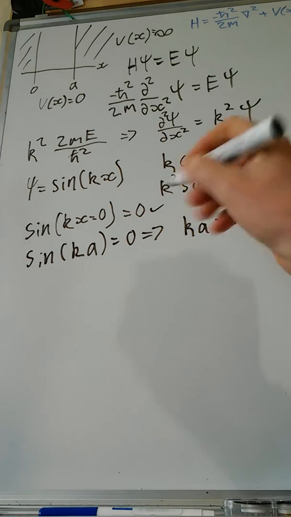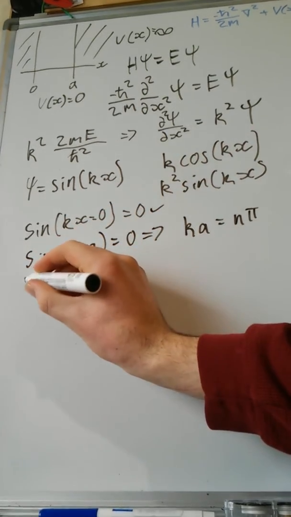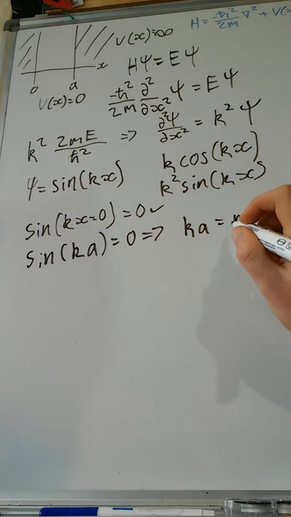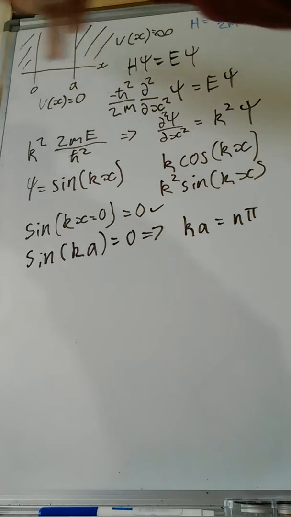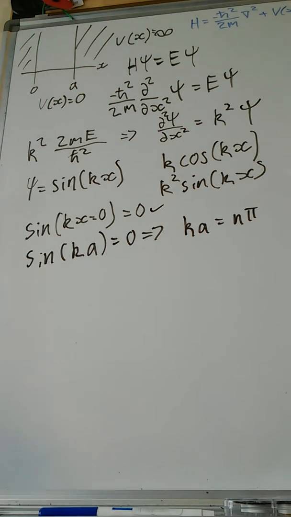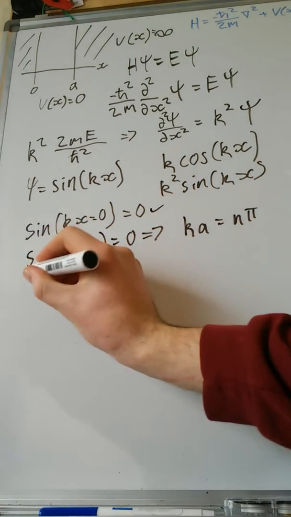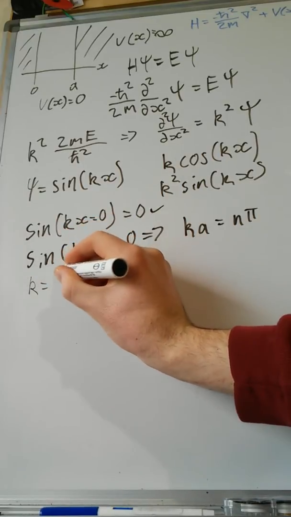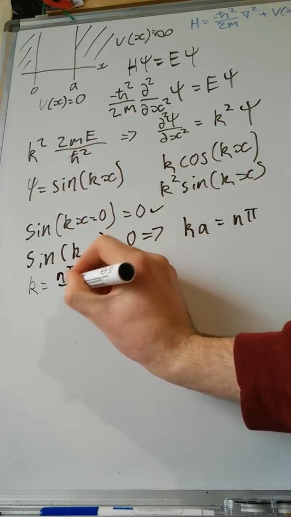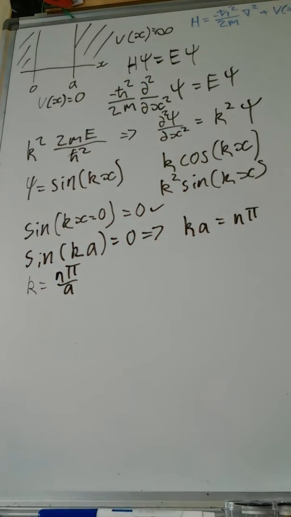Actually, firstly, this must mean that a can be anything. We can define our potential well to be as big or small as we want. So k must equal n pi over a, such that the a cancels and we get sine of n pi at the boundary.